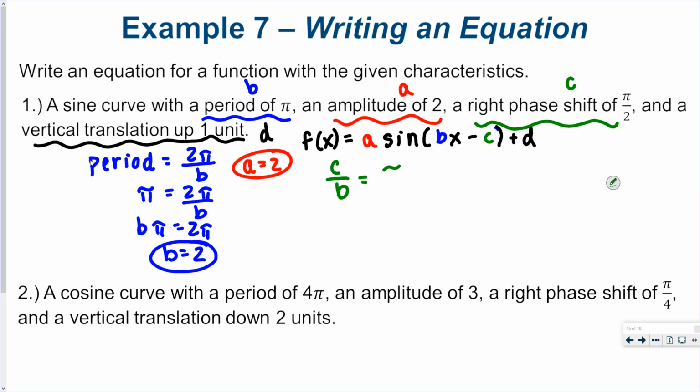And once we write the equation, we'll check this and you'll see why we have to divide by B, because when you go to solve where it starts and ends, that's factored in. We know B is 2. So solve this for C, times both sides by 2. C is pi.